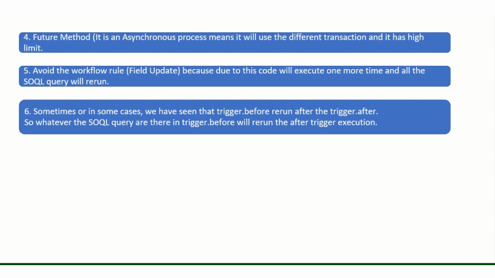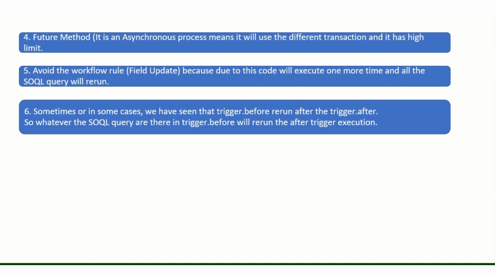So it increases the count. So we have to be careful: if there is any field update, try to remove it from the workflow and put it in the trigger instead, because then it will not rerun your trigger.